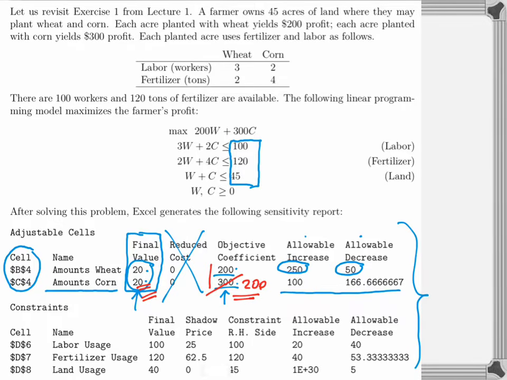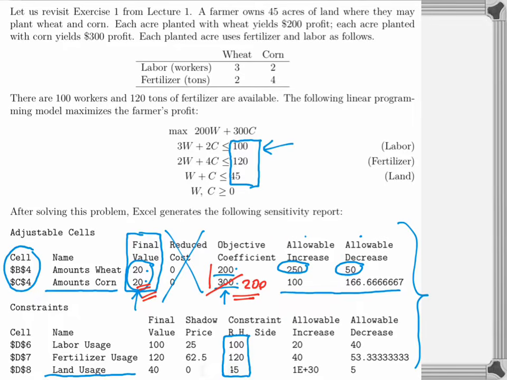So let's begin looking at what this bottom table says. Well, the name, again, as before, is just the labels that Excel tries to infer from how you labeled your sheet. The numbers here on the right-hand side in your math are simply copied under the column called constraint right-hand side, so they are going to match the same.